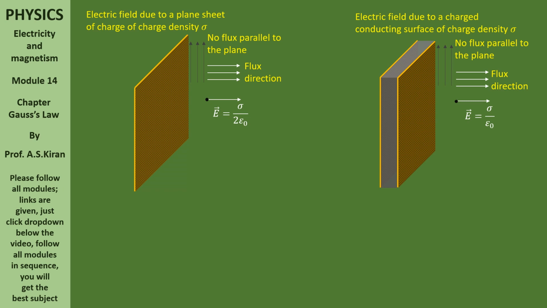With respect to a charged conducting surface, adjacent to the surface, the electric field is sigma by epsilon naught. The two results differ. Able to understand? Now we will prove these two results.